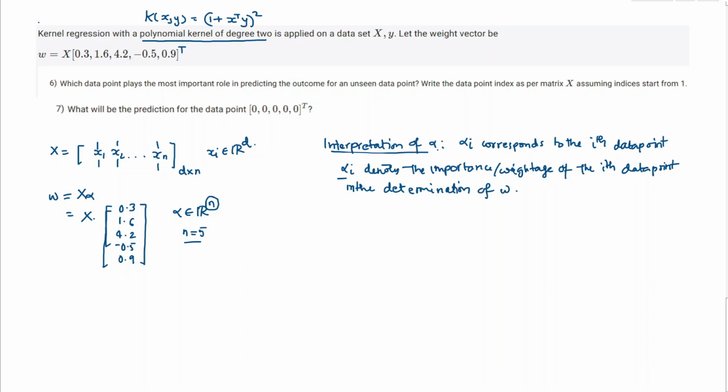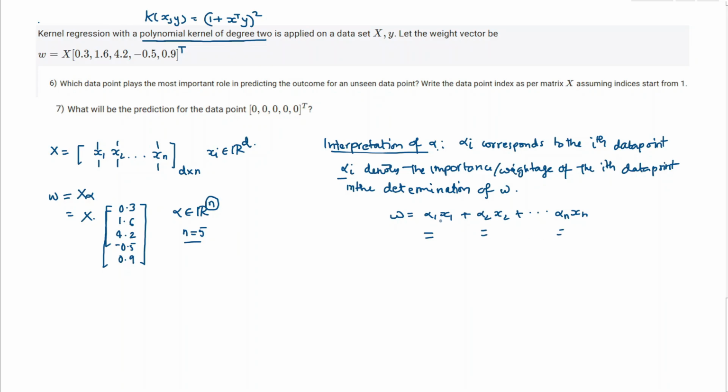So this is the interpretation of alpha i. So you can say that w is nothing but alpha 1 x1 plus alpha 2 x2, and so on up to alpha n xn. And this is how the importance interpretation comes up.